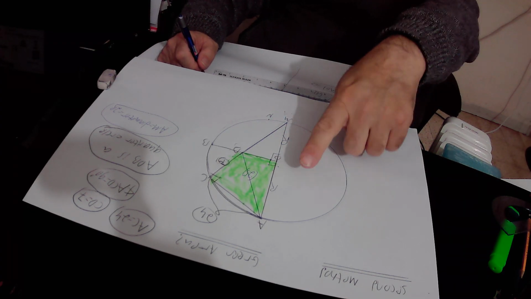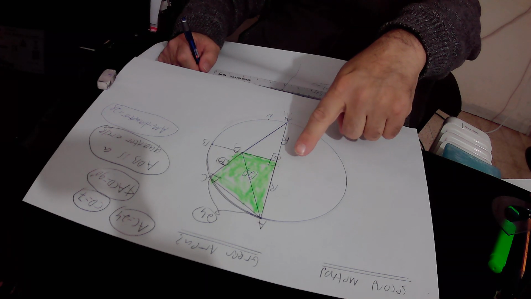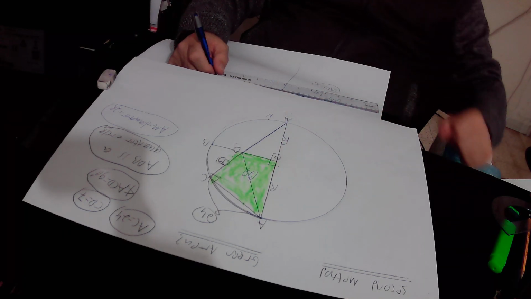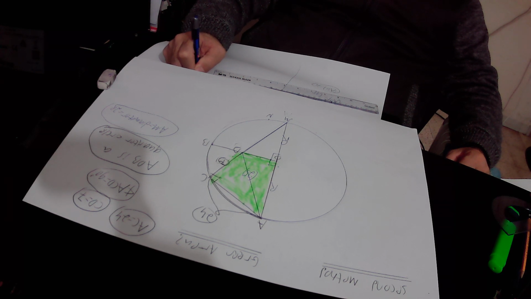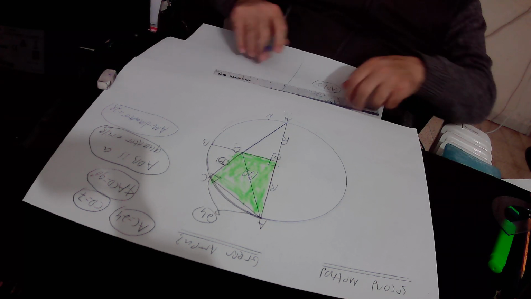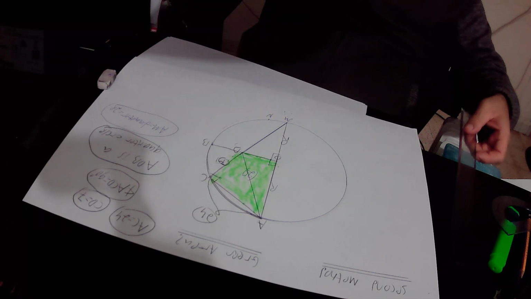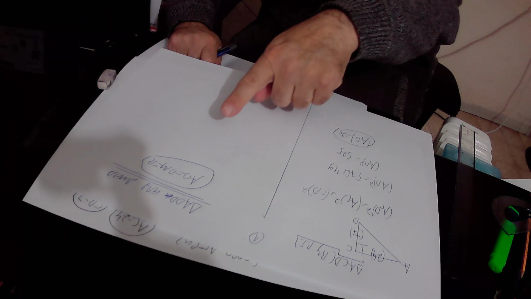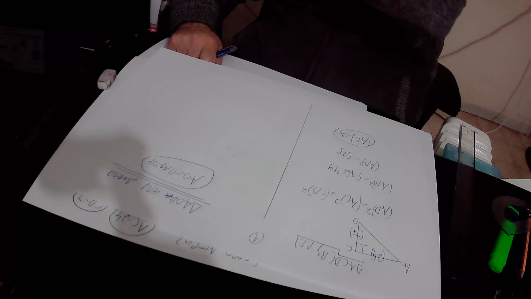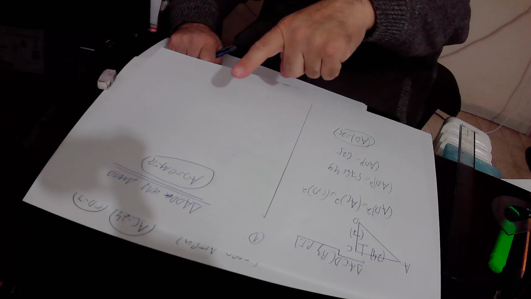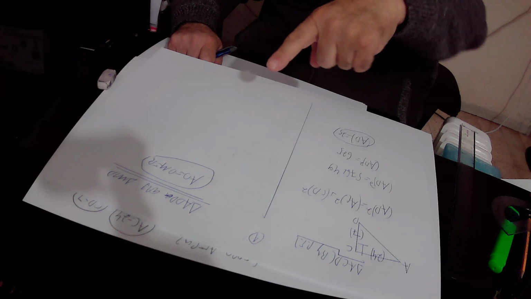First of all, AO equals OM. Side AO in the green triangle equals side OM in the white triangle. They are radii of the circle, therefore they are equal to each other.